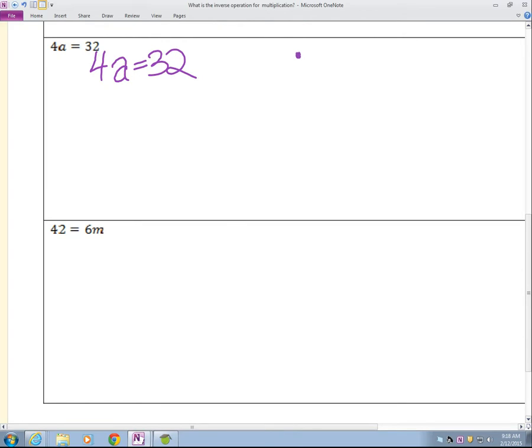Good. Let's use our vocab. A has a coefficient of 4, which means multiplication, and I'm going to find the inverse.